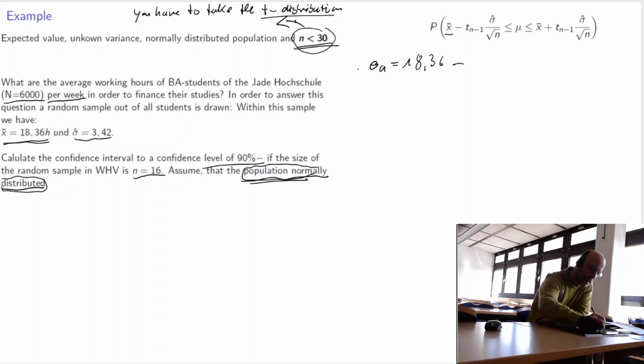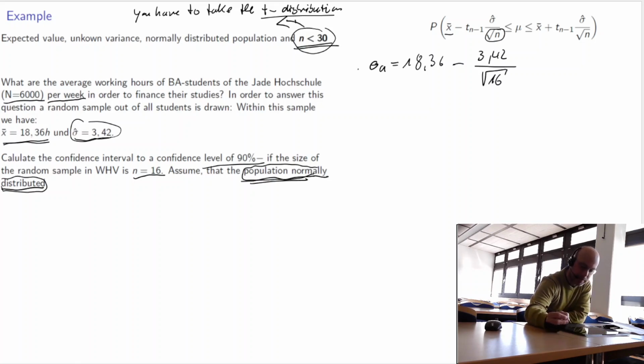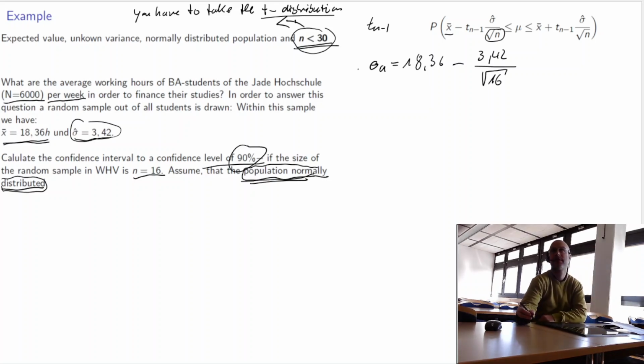But we have already the standard deviation, 3.42 over square root of n, square root of 16. And now we need t with n minus 1 degrees of freedom to a level of 90%.